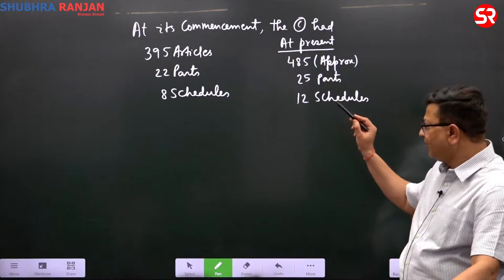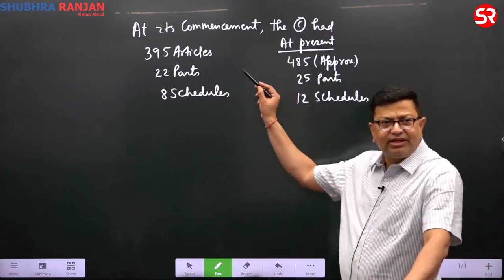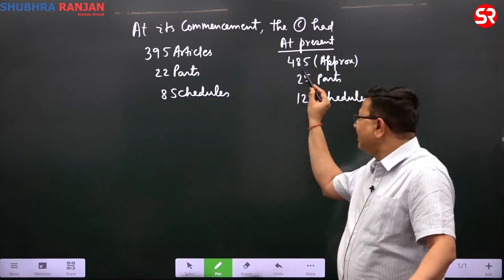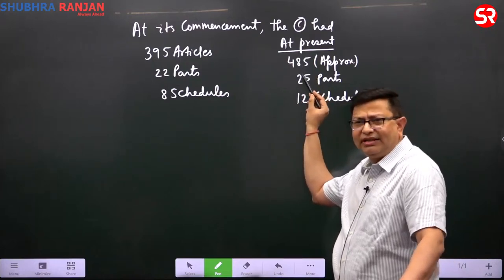So it was the original constitution, and at present we have written here 485 articles approximately.